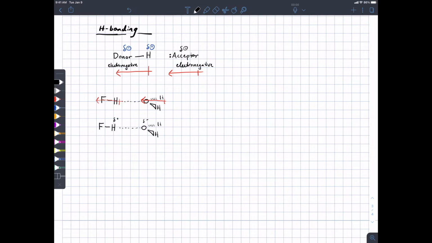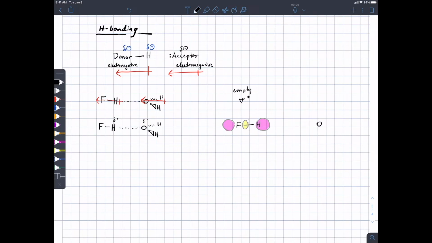Why not? So here's HF. Let's draw the sigma star for that molecule. That would have a node in between hydrogen and fluorine. It would have a lobe here and a lobe there, and then another lobe there on the hydrogen, and we could just fill in the phases to show the change. So that's the empty sigma star.